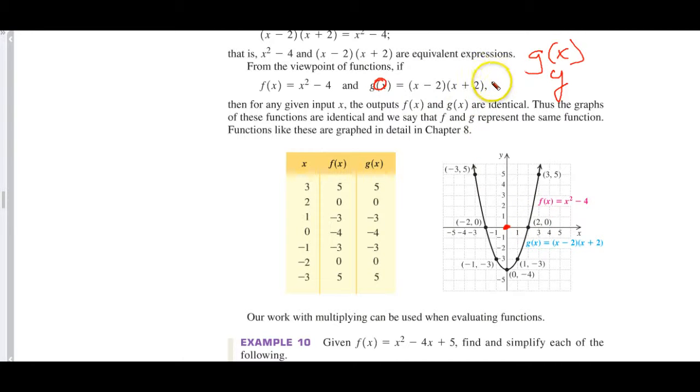So later in this chapter, we're going to be looking at where this factor and this factor equals 0, which is our y value. What would this be? We'd say x minus 2 equals 0, or x plus 2 equals 0. Here we're going to get x equals a positive 2. Here we get x equals a negative 2, and that's where they get these.